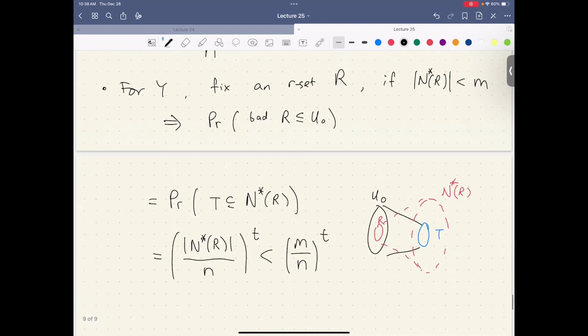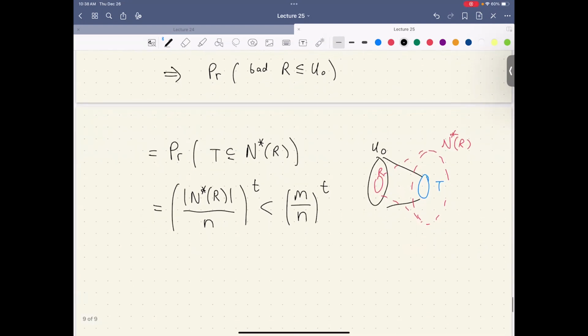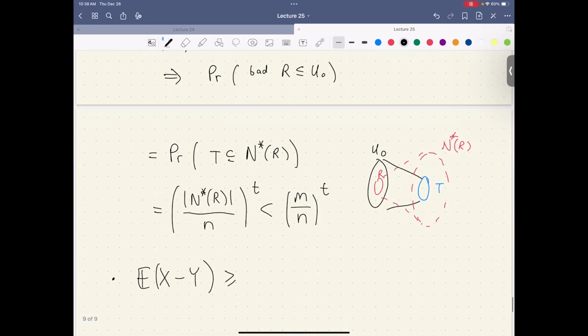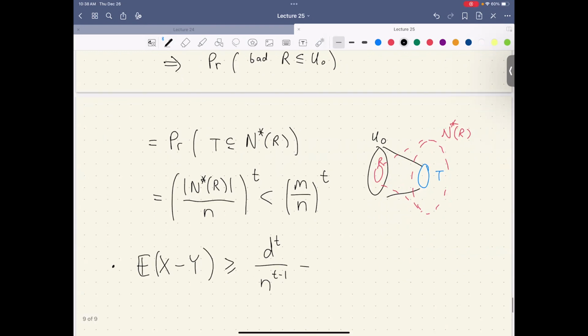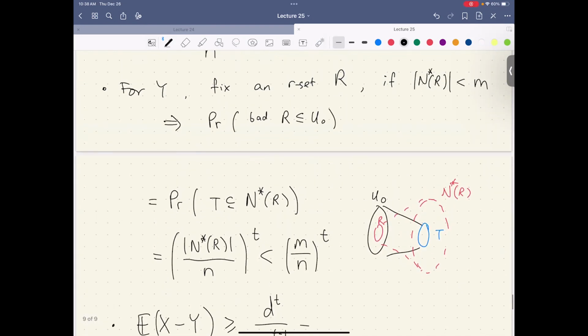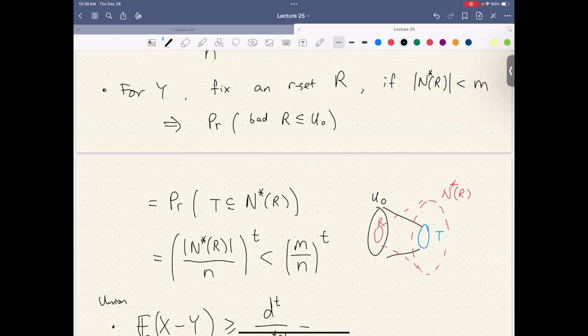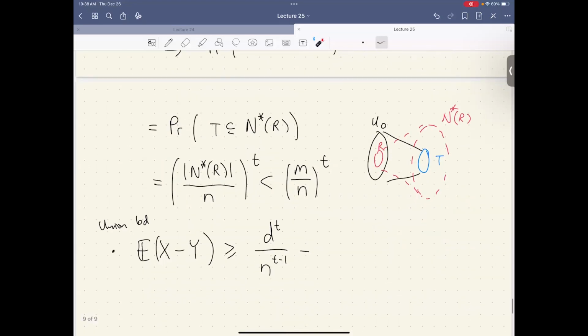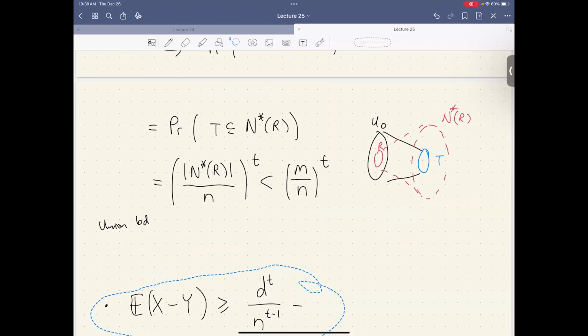Okay, now we have the expectation of X minus the expectation of Y. By linearity of expectation, it is at least d to the t over n to the t minus 1, minus, let's use union bound. For each bad R, I forgot to do the union bound step. Let's do it here.